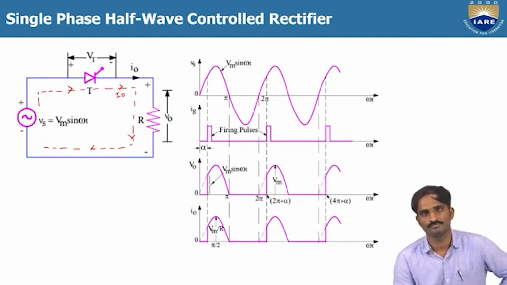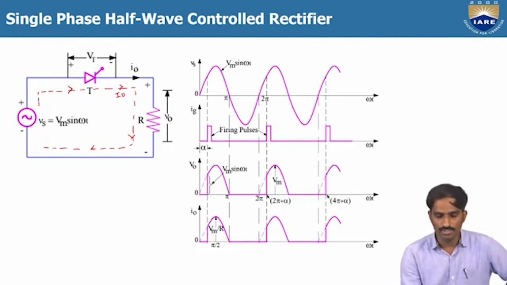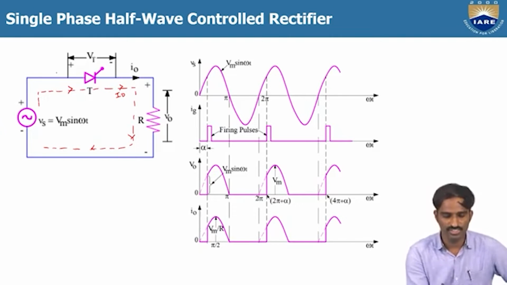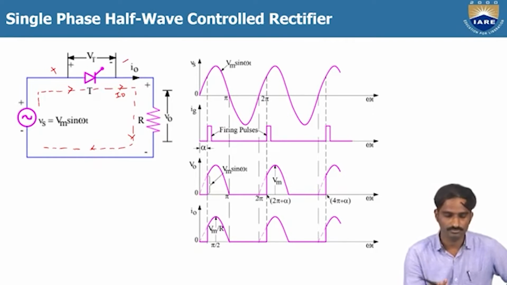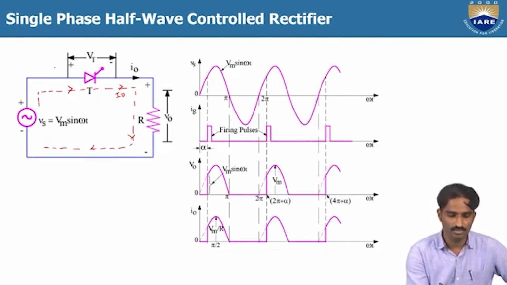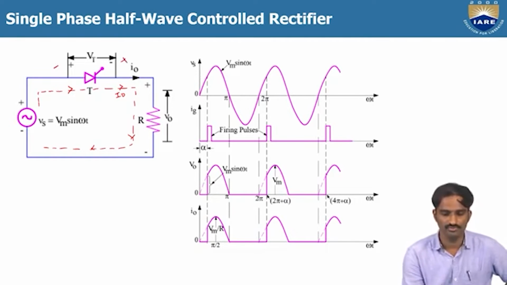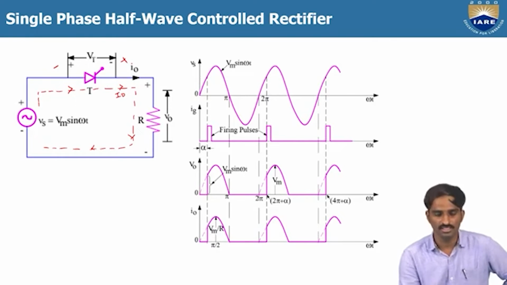During the positive half cycle the anode is positive with respect to the cathode. But during the negative half cycle, this will be negative and this will be positive, which means reverse bias is applied across the thyristor, so the thyristor gets into the off state.